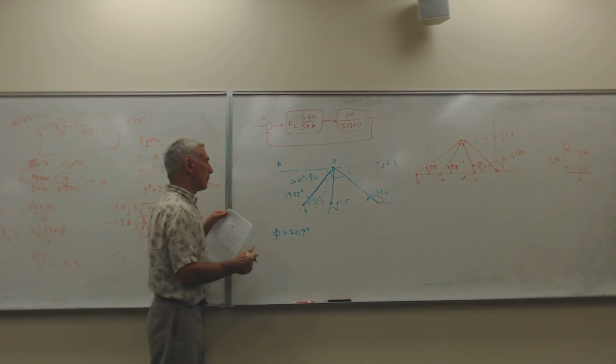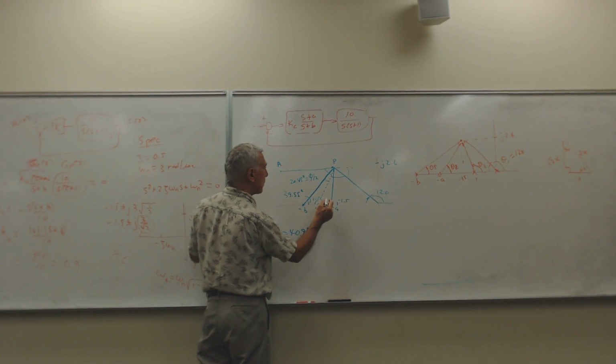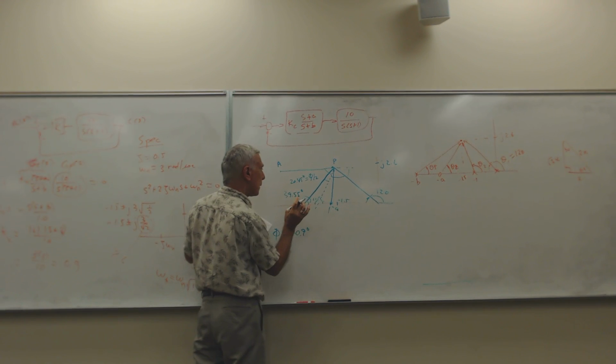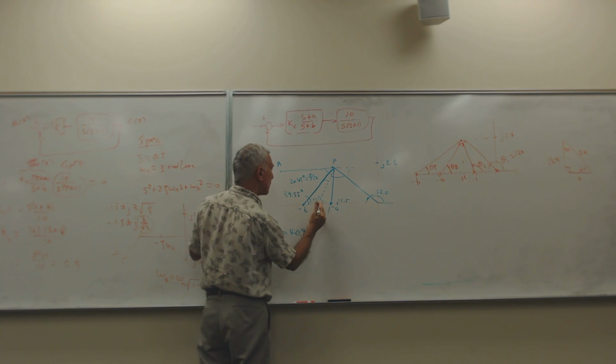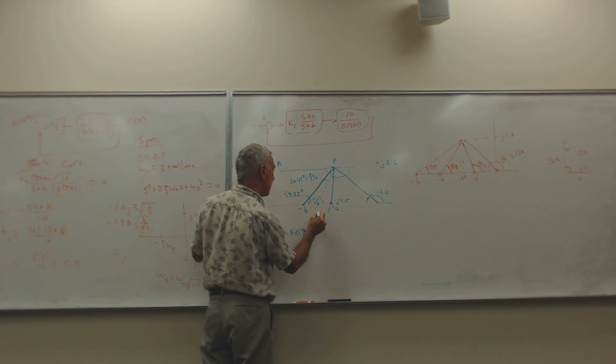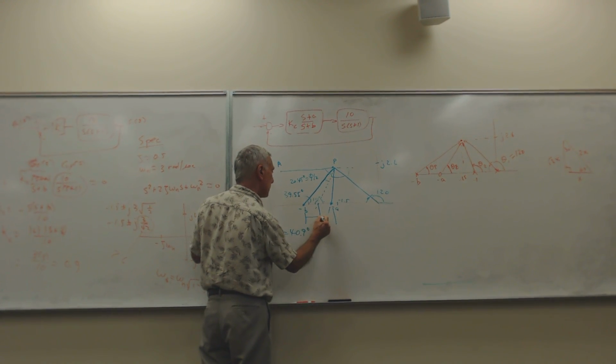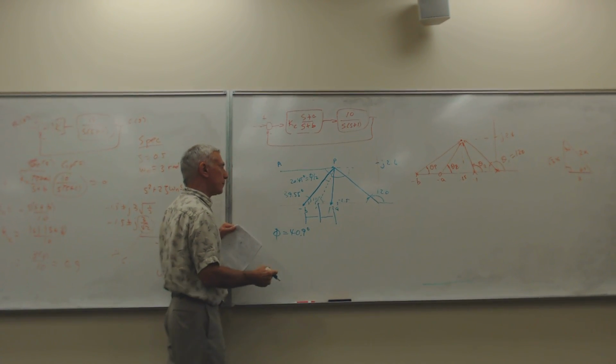And so you can do a similar thing for this other triangle here. What we would like to find are the distances here and here, in other words, this distance and that distance.